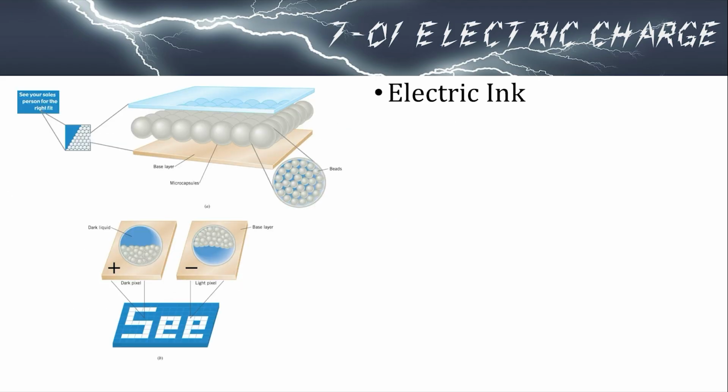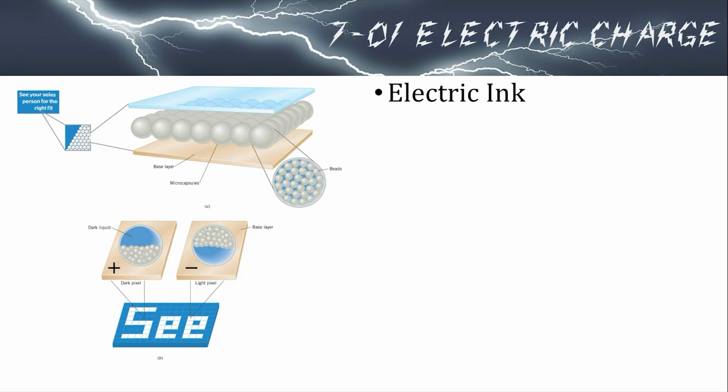A use of this is electric ink, or e-ink, used on some reading tablets. So what they have is these little microcapsules, and they're full of beads and a colored fluid. Those beads are charged.